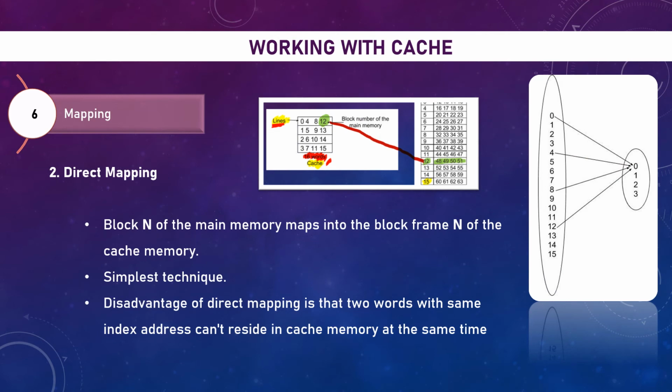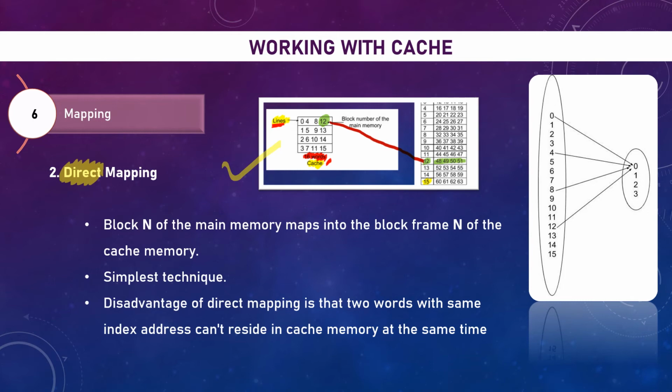So after the associative mapping, here we have direct mapping. If you remember this slide, when we discussed that 12 block, all the words of the 12 block will reside in this.